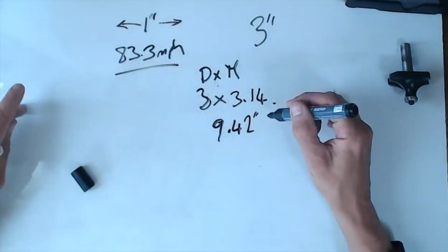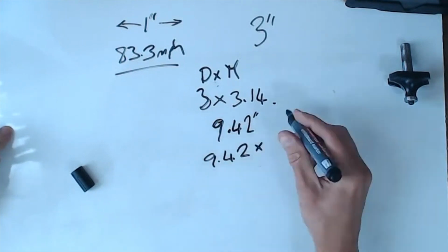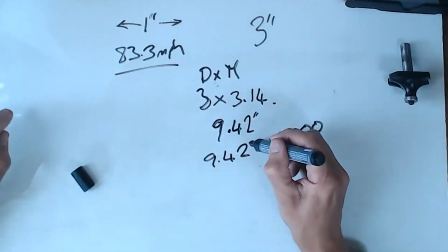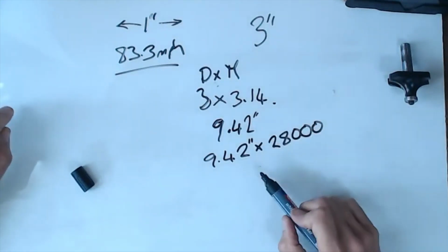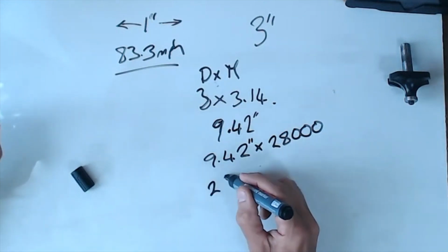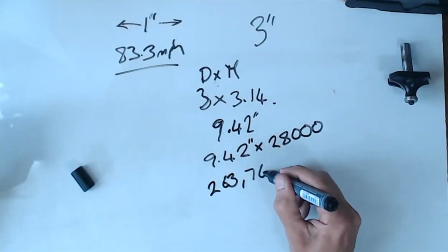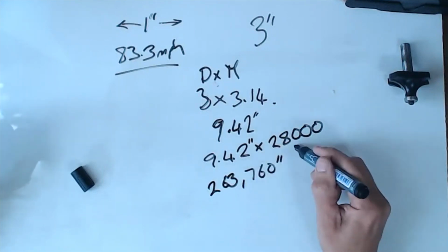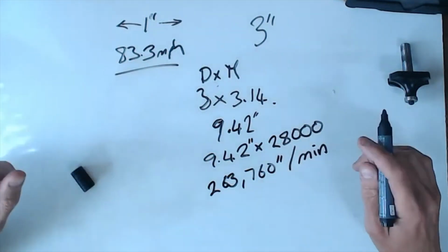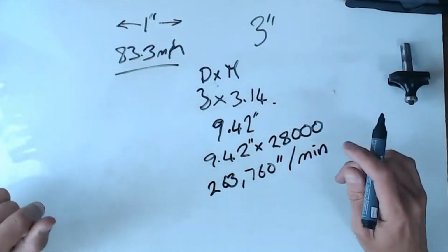If we keep this at 28,000 RPM, 9.42 times 28,000, so it's 9.42 inches times RPM, we'll get 263,760 inches per minute, which is our kind of rough speed.